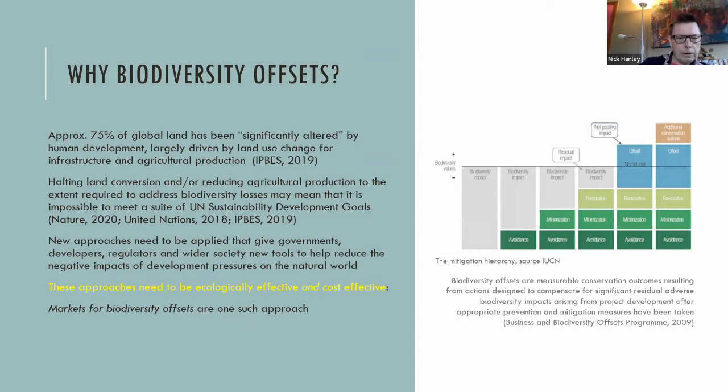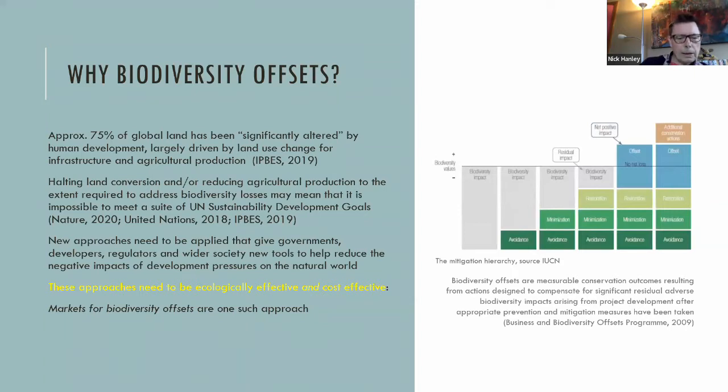But it's really hard to think about undertaking actions which would stop that kind of land use change or reverse it, because that would get in the way of meeting some really important sustainable development goals, particularly in low-income countries.